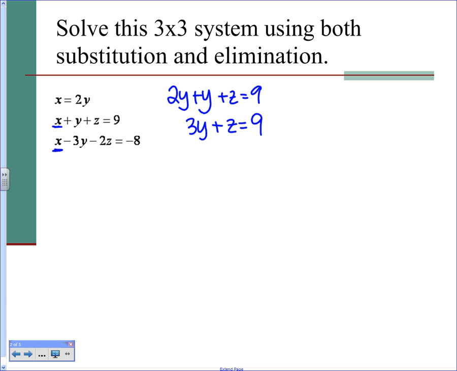I have 2y minus 3y, which is what? Do you see how that works? Oh, it should be minus. Sorry. We already got the wrong answer.